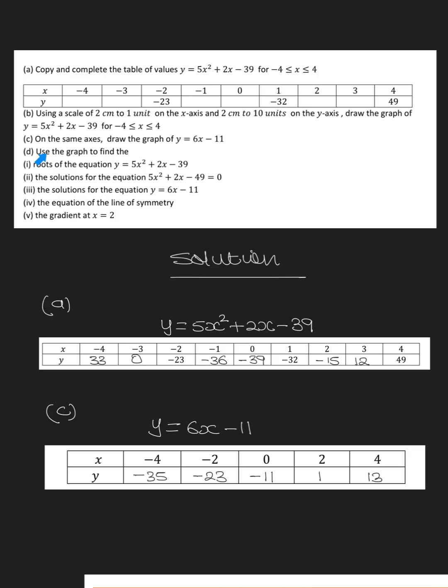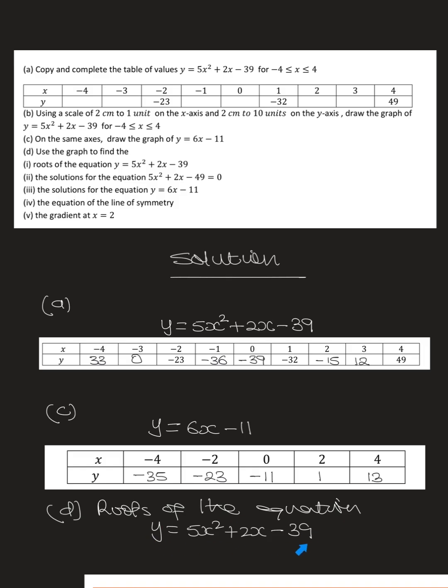Question D. Use the graph to find the roots of the equation y is equal to 5x squared plus 2x minus 39. That is question D. We want to find the roots of the equation y is equal to 5x squared plus 2x minus 39.